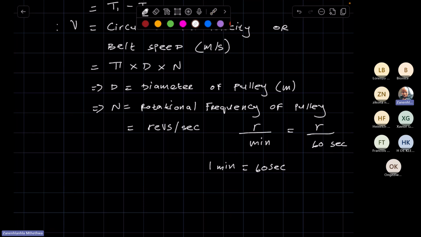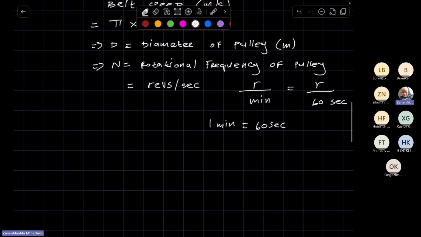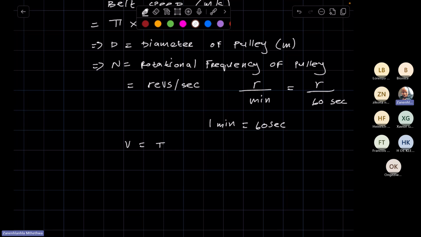So essentially, if V is equal to pi times D times N, and N has been given to you as revs per minute, then you have to divide it by 60. Dividing by 60 converts the rotational frequency from revs per minute to revs per second.